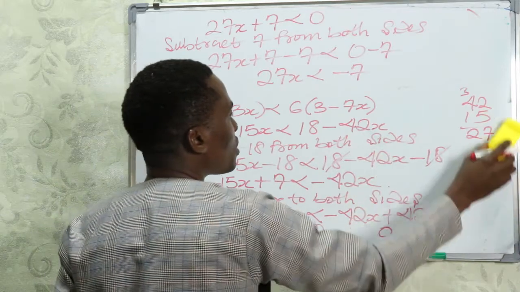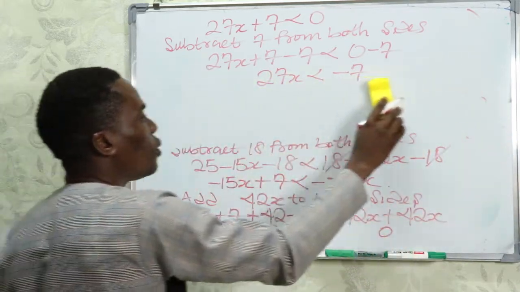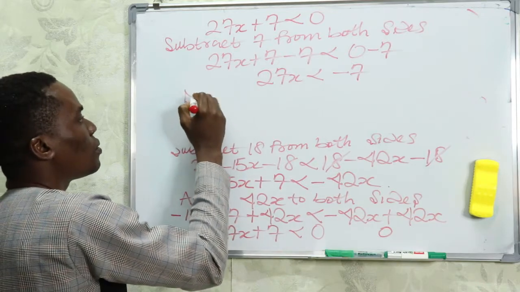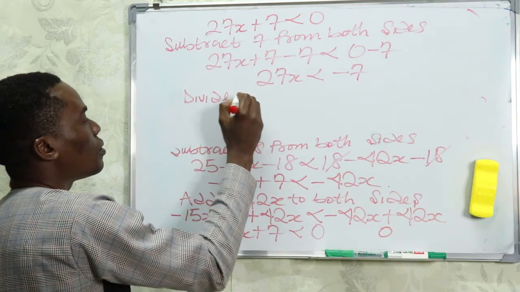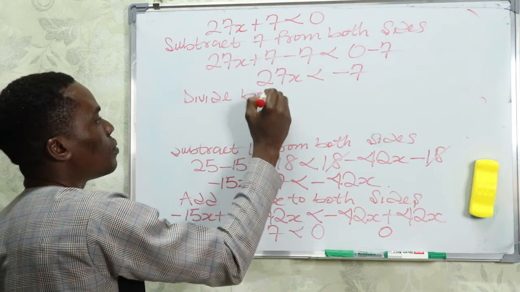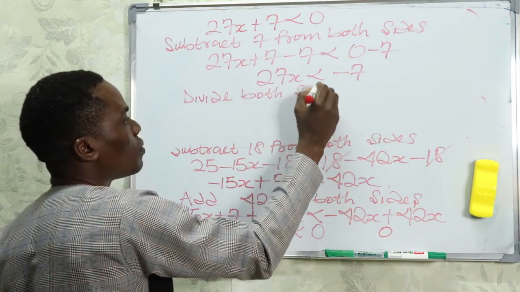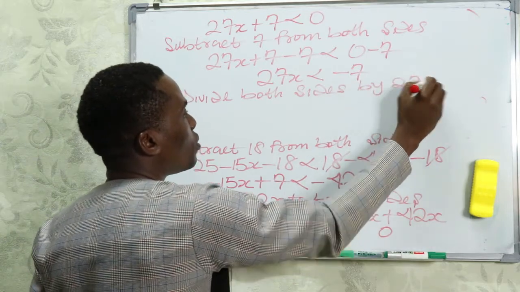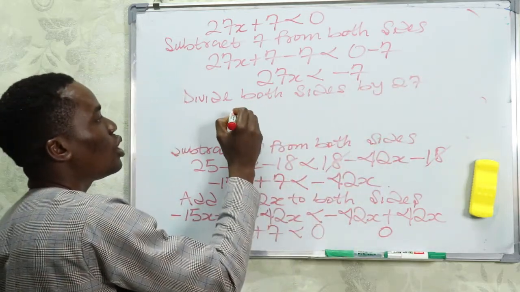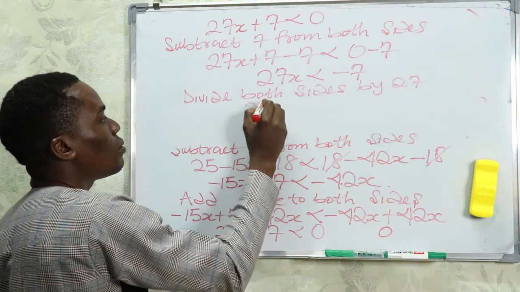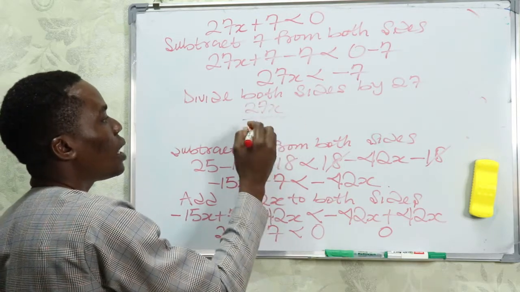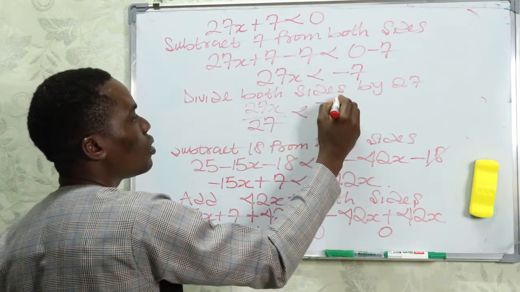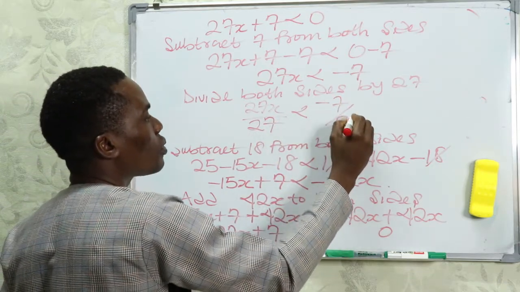So we'll divide both sides now by 27, I hope you're following. We divide both sides by 27, we are going to have 27x divided by 27 less than minus 7 divided by 27.